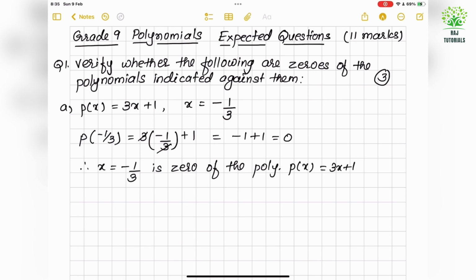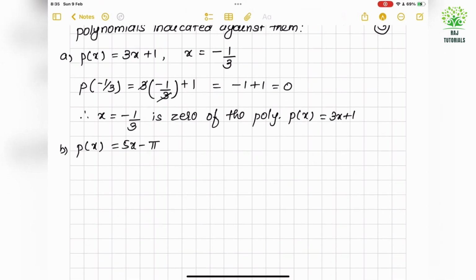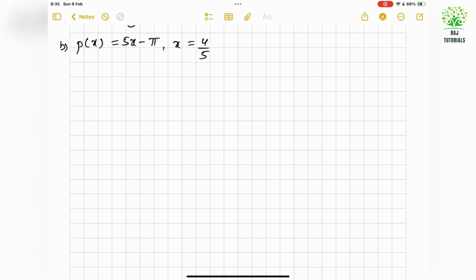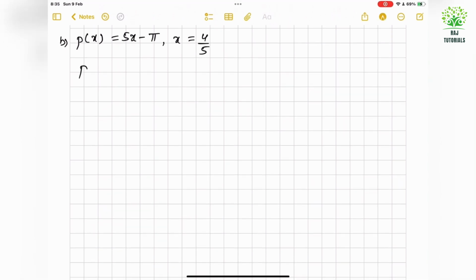Now, in that the second one is p of x equal to 5x minus pi, where x equal to 4 by 5. So, again doing the same thing, p of 4 by 5.